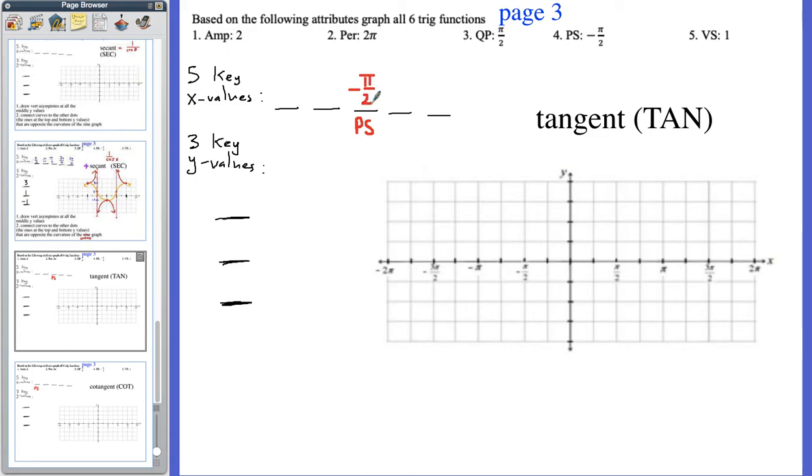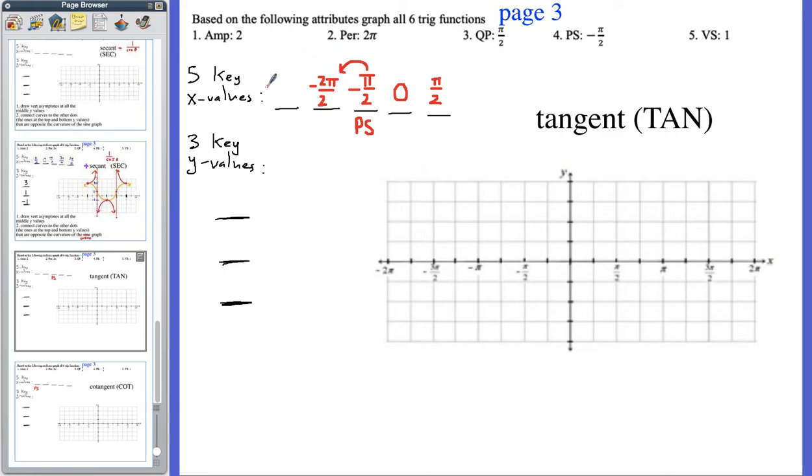So putting our phase shift in the middle and still adding quarter periods, so negative pi over 2 plus the quarter period, which is pi over 2, would get me 0, plus the quarter period again gets me to pi over 2. So those are my last 3 x values. To get these first 2, I simply subtract the quarter period. So I do negative pi over 2 minus pi over 2, and I'm at negative 2 pi over 2, which I could simplify, but I'm not going to yet.